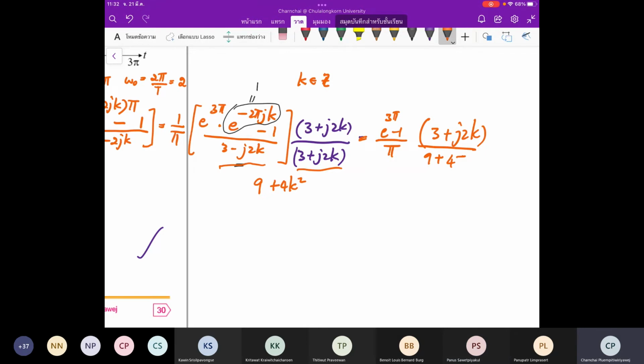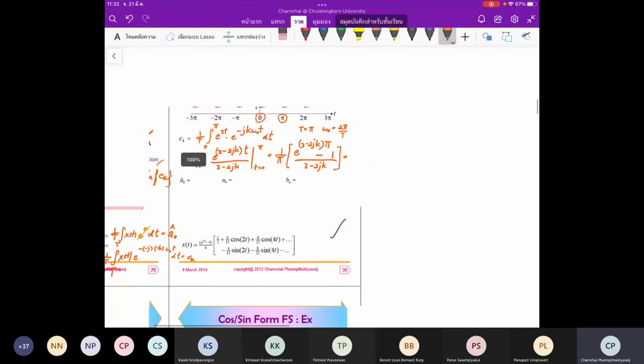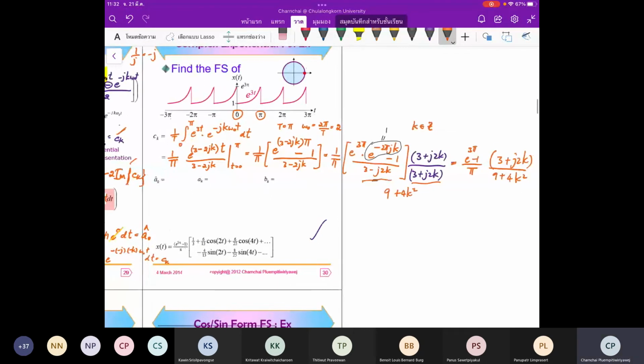It's 4k squared. Hold on, 4k squared. So that's our ck. And then you can find a0 hat, ak, and bk from here.